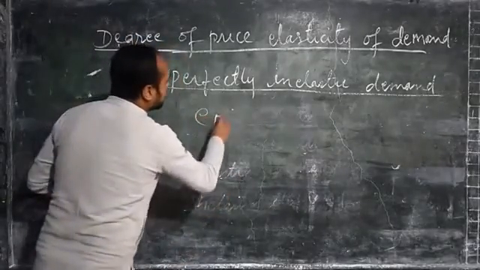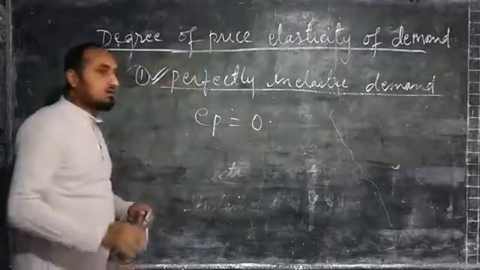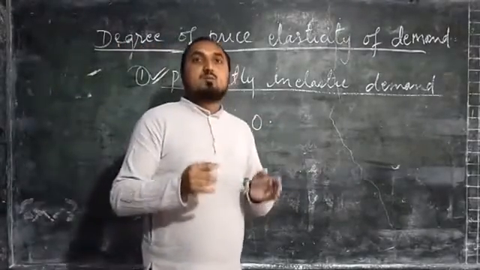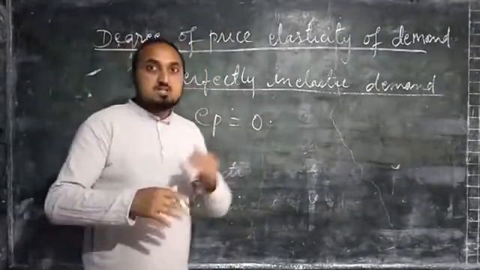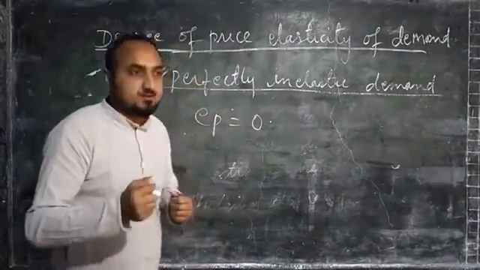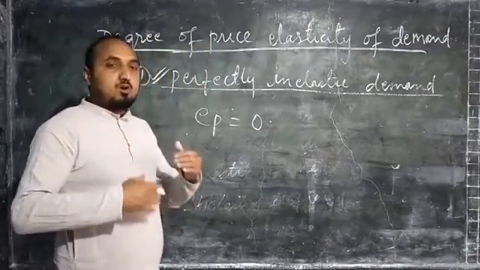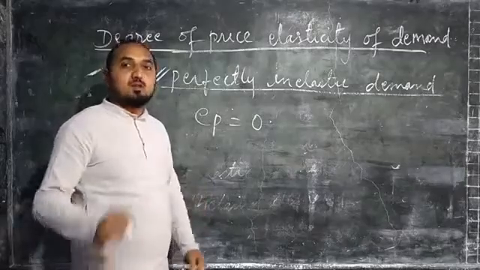That is, EP equals 0. So here the quantity demanded will not change irrespective of changes in the price. Price may increase or decrease, but the quantity demanded will remain the same.